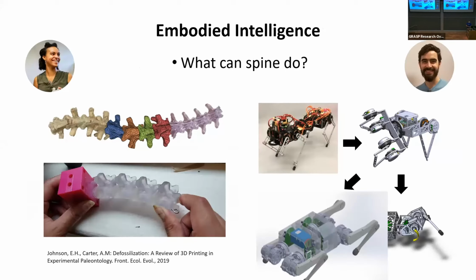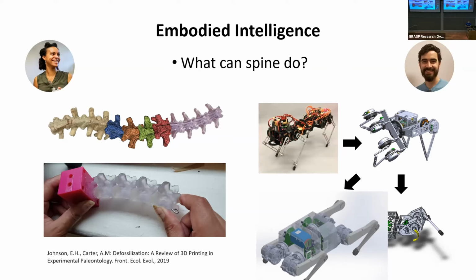So the next question we're trying to understand is the morphology of the robot, or the morphology of the animals. And we're trying to understand it with an embodied intelligence kind of perspective. The first question we wanted to ask is, what can the spine do? And implementing the spine on the robot, can it give us something that we can't do with traditional robots?